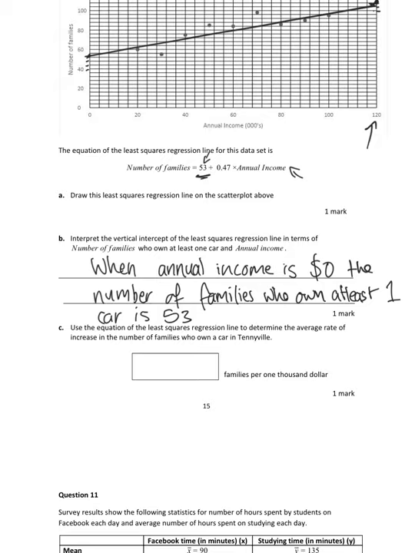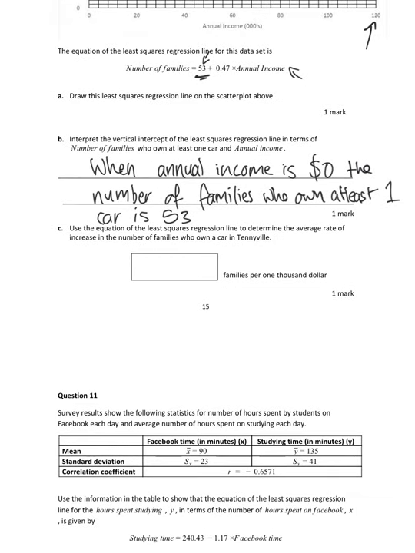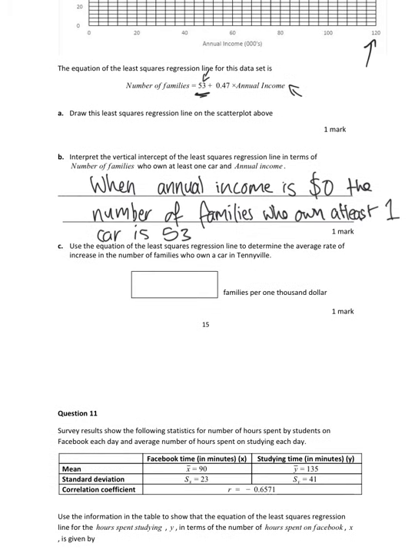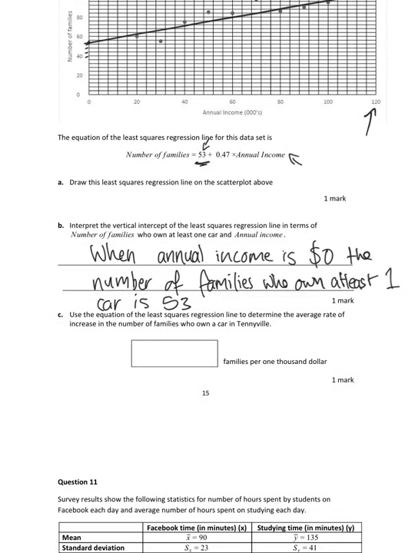Yeah, it just represents the number of families. C, use the equation of the least squares regression line to determine the average rate of increase in the number of families who own a car in Tennyville. So for every time we move across $1,000, I'm just going to go back up to the equation.